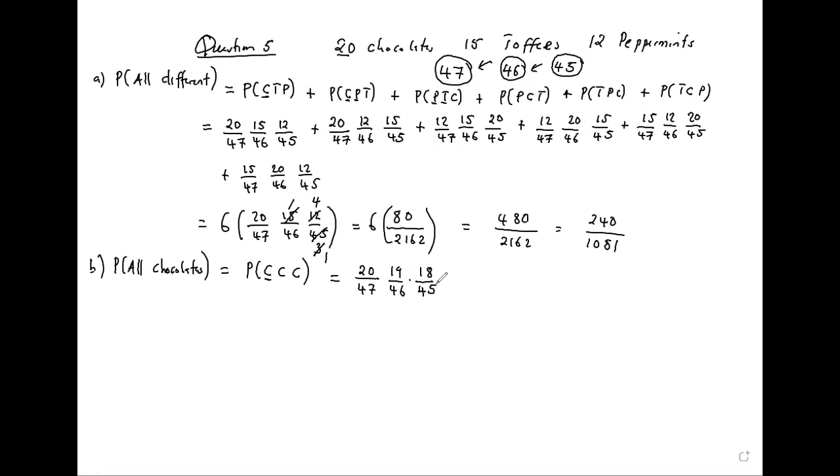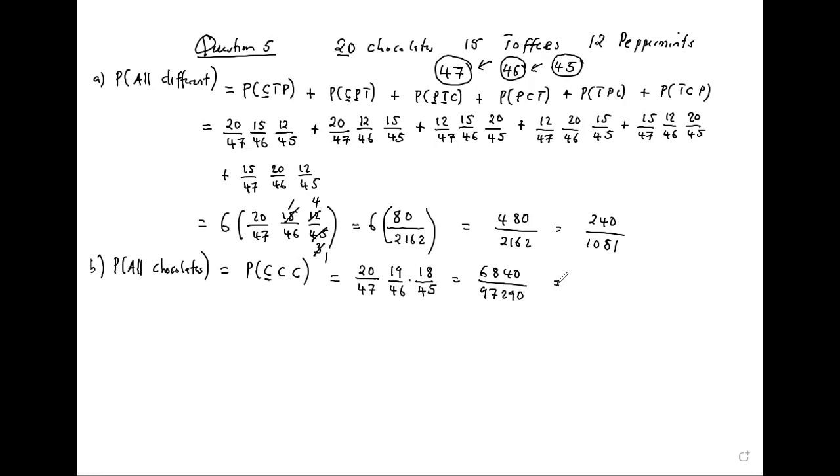Let's start calculating now. What figure do you get? So 20 by 19 by 18, you get 6840 over 47 by 46 by 45. You get 97290.